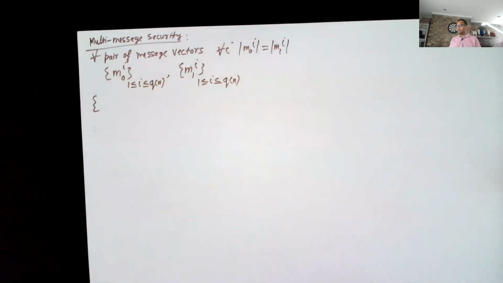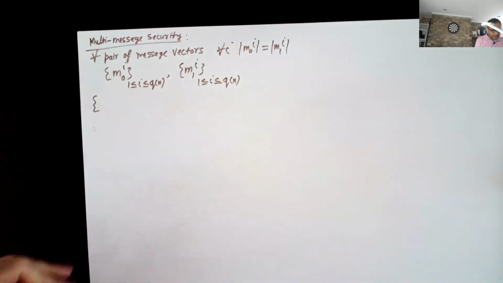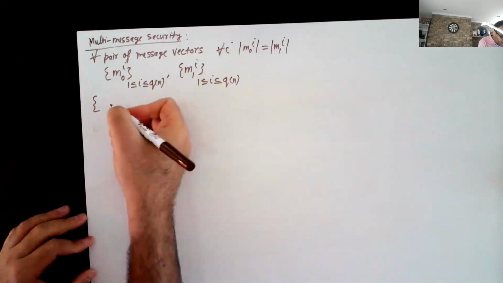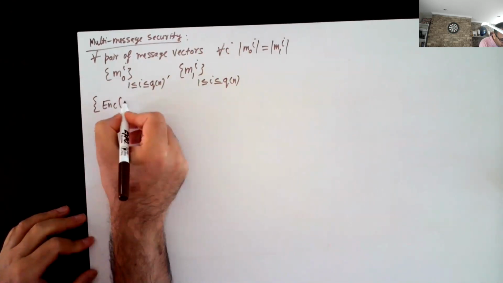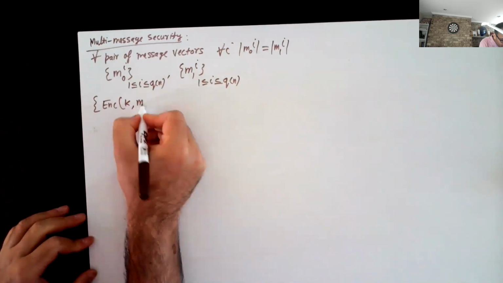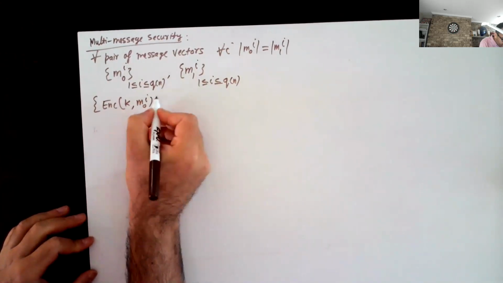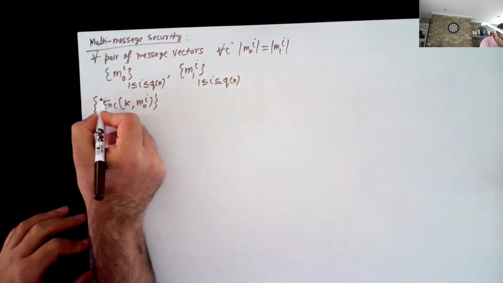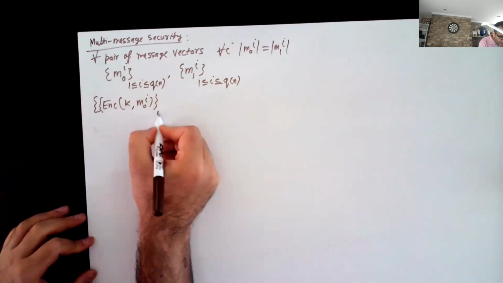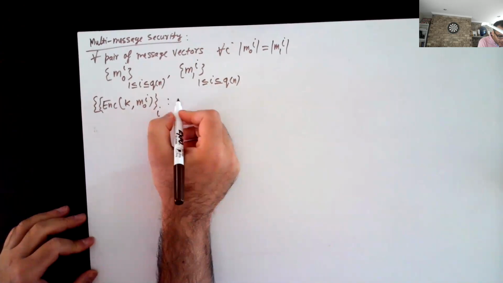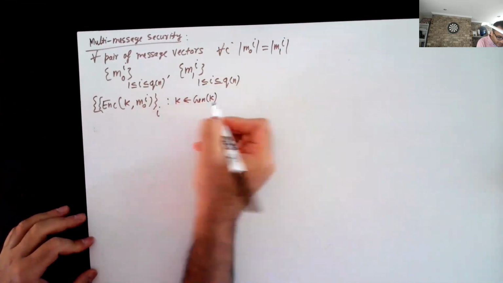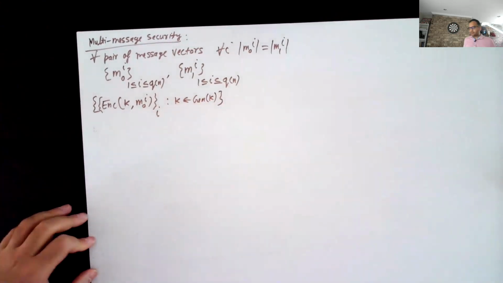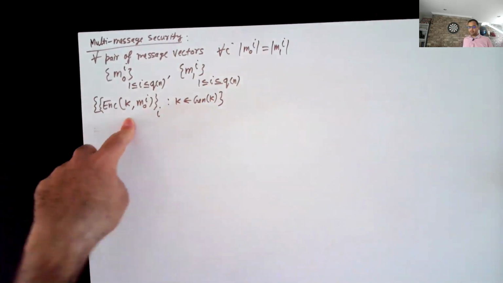So looking at the distribution, encryption under the key K of M0i for all i, where K is coming from key generation, this is a bunch of ciphertexts.